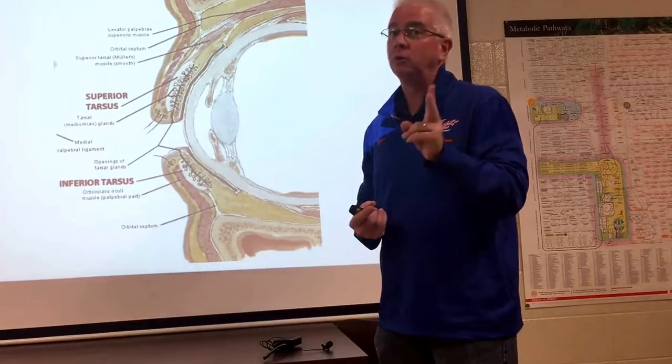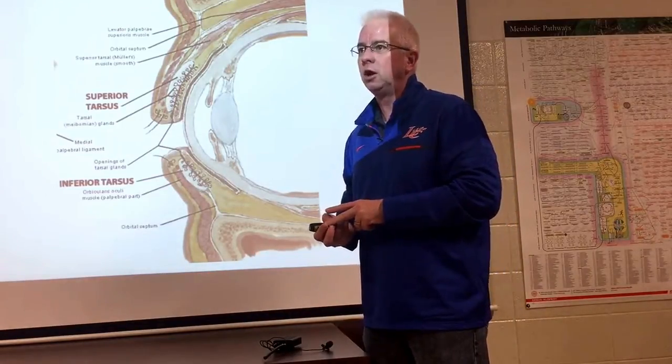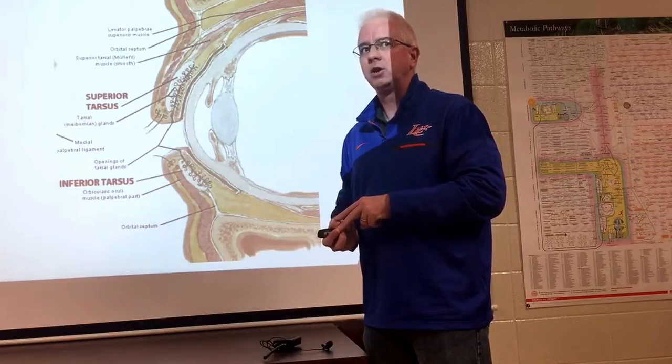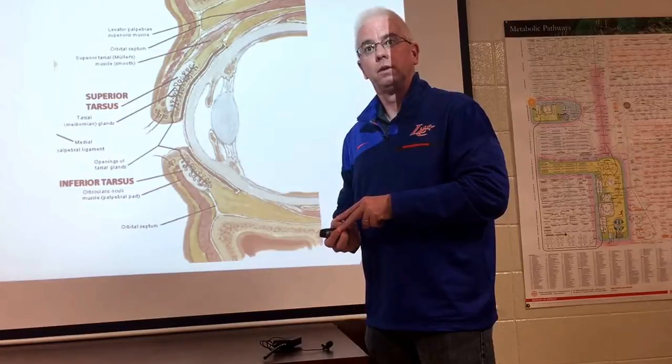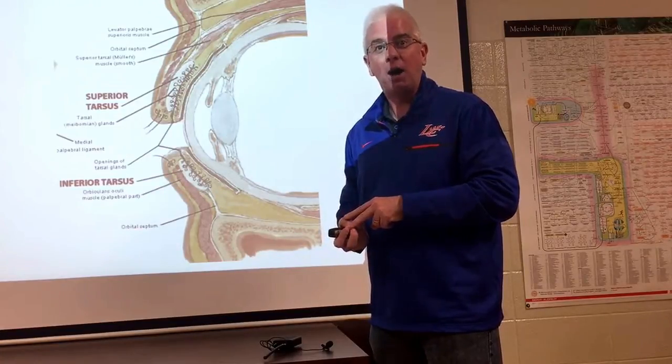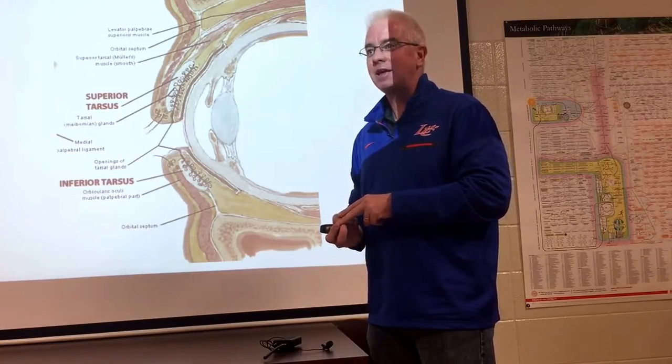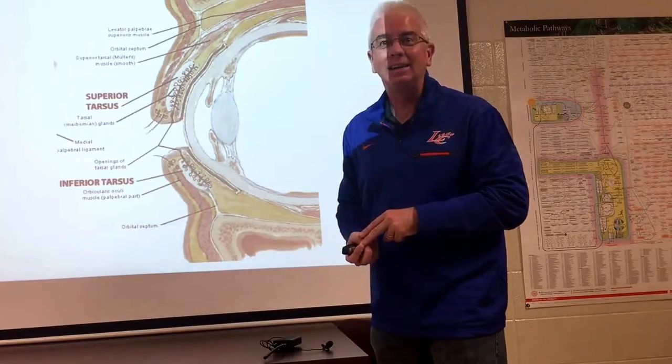And here's what else. You don't know this yet, but you're going to learn more of this as you go. The sympathetic nervous system actually controls the size of the pupil. And its job is to make the pupil dilate.